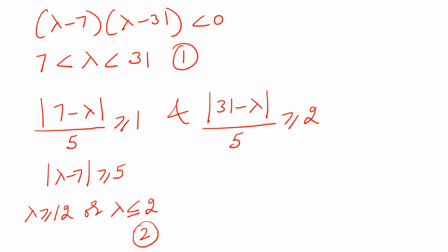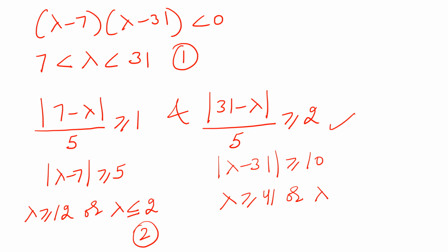Now we solve this particular inequation. From here we get |lambda - 31| greater than or equal to 10. This means either lambda is greater than or equal to 41, or lambda is less than or equal to 21. Let me call this result as number 3.